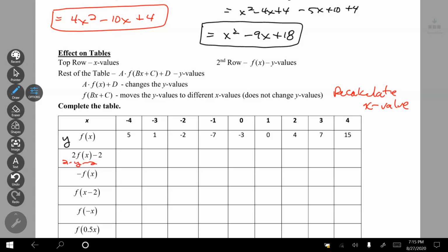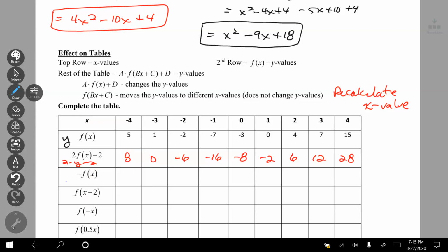It is just changing y values. So it's very easy. It goes times 2 minus 2, times 2 minus 2, and so on across the row. Pretty basic.